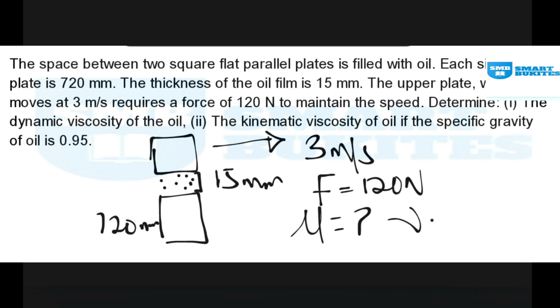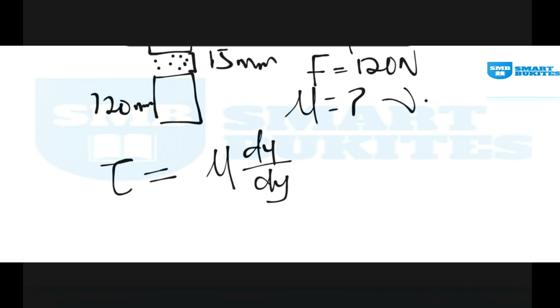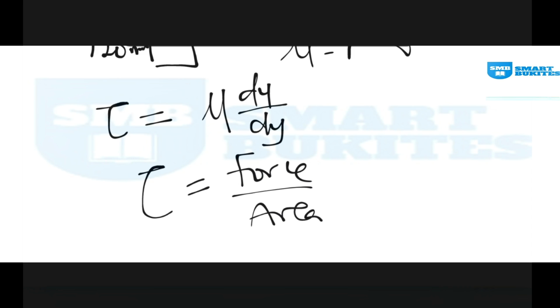Let's start with the first one, that's the dynamic viscosity. From Newton's law of viscosity, which says shear stress is equal to viscosity times change in velocity over change in distance, that's the rate of shear strain. We know that shear stress, tau, is equal to force over area. And the area, we are going to take the area of the plates, and the plate is a square.